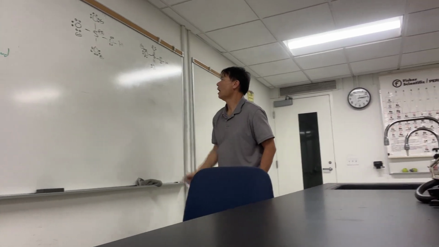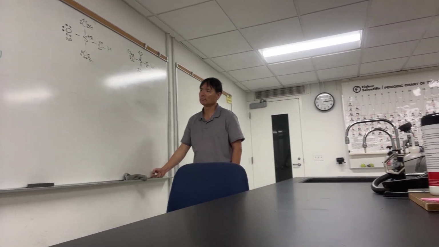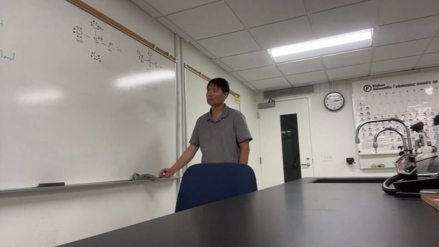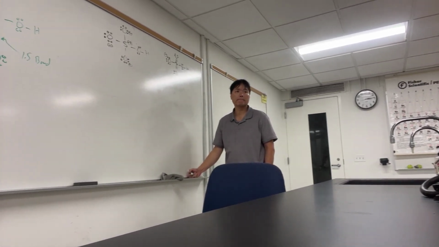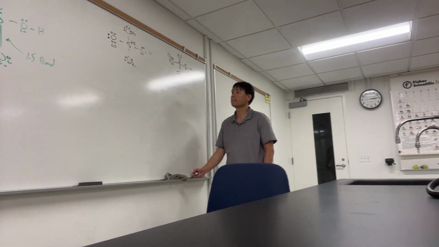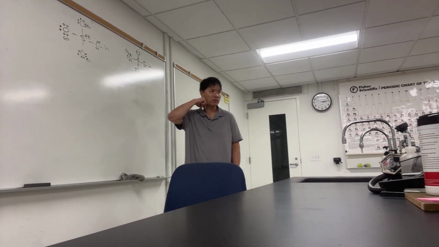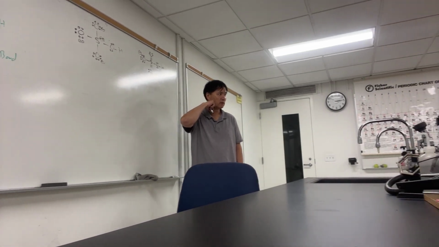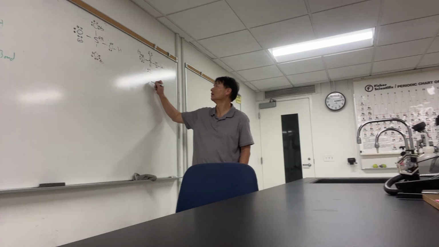How many resonance forms can I draw for this? This is bisulfate. How many resonance forms can I draw for bisulfate? Two? What are they? Two more. Oh, two more?